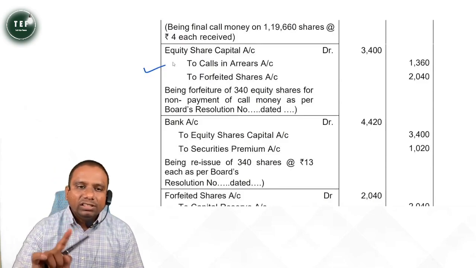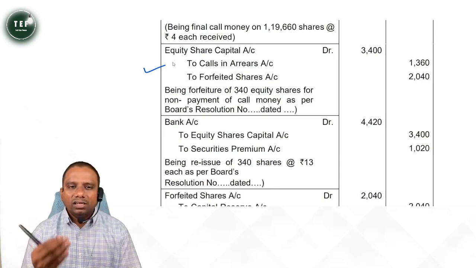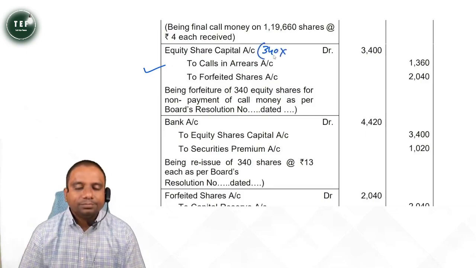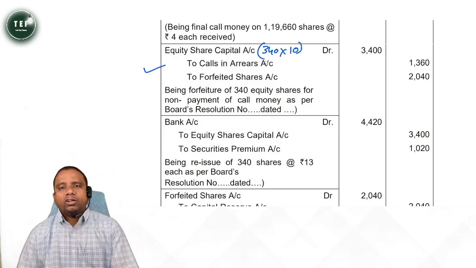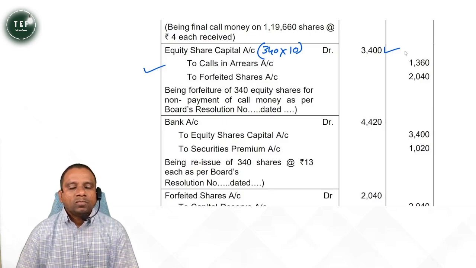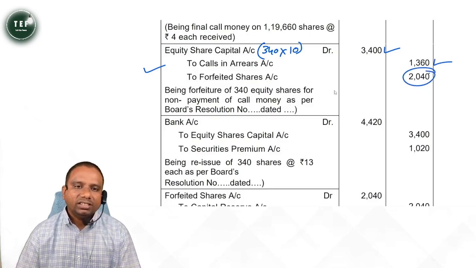Forfeit entry. Equity share capital account debit to calls in arrears, to forfeited shares account. Anybody can write the entry, but write down the amount. How many shares forfeited? 340. What is the full called up amount? Called up value per share 10 rupees. Total 3,400. Out of that, how much amount we have not received? 1360. Remaining amount we received, now transfer to forfeited shares account.